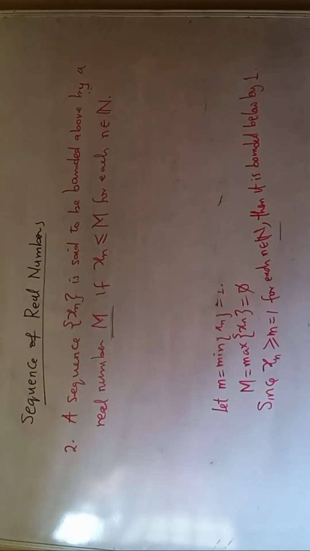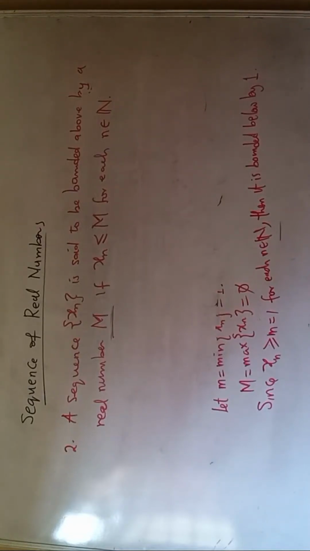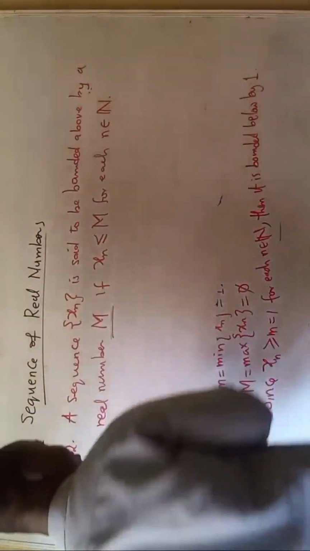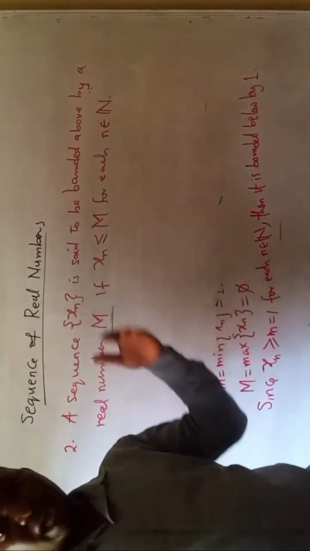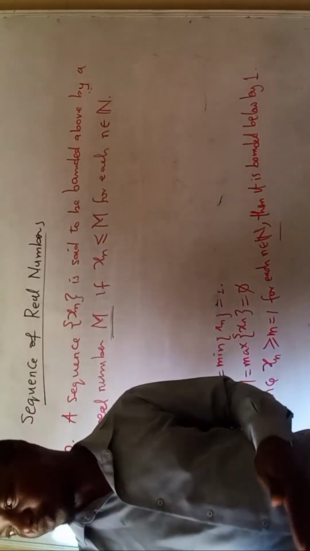So let's see also, for example, an example of a sequence that only has a maximum but no minimum.